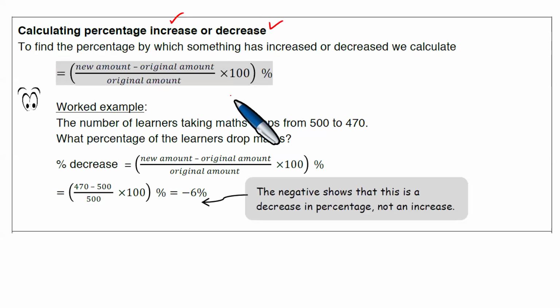There's a formula that you must just remember. Yes, it helps to remember the formula. To find the percentage by which something has increased or decreased, we calculate the following.